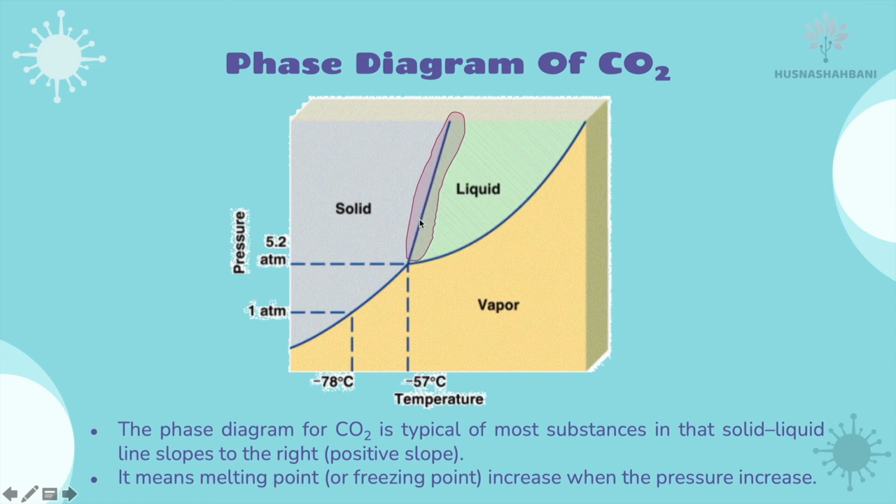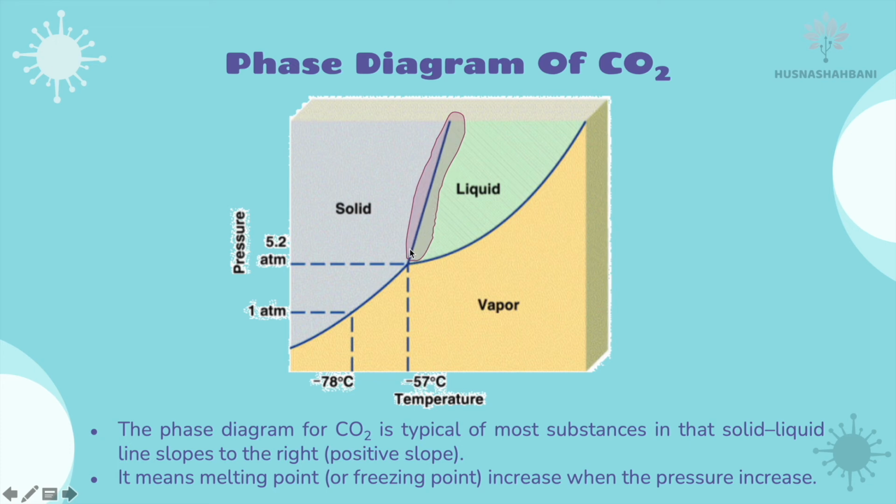If you see this line, the solid-liquid boundary line, it is slightly tilted to the right. So you can say that this is a positive slope.